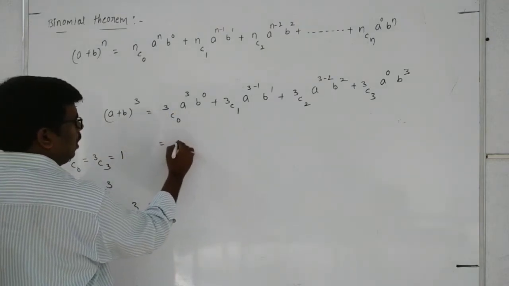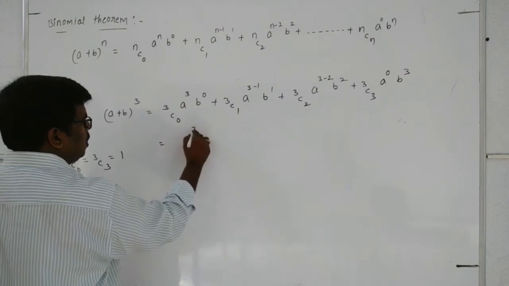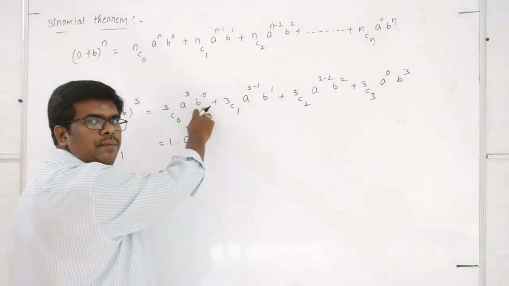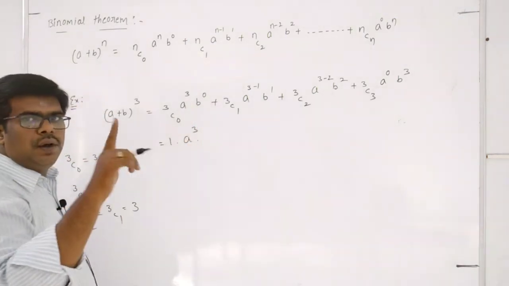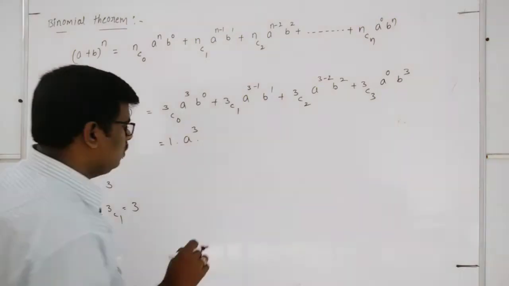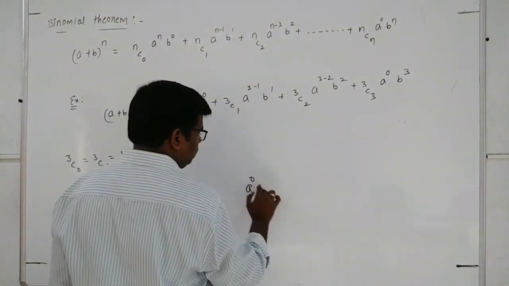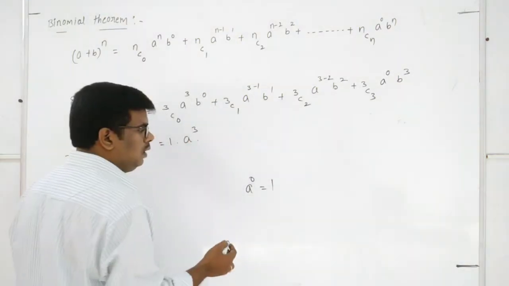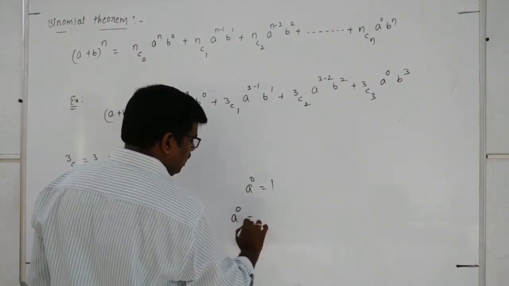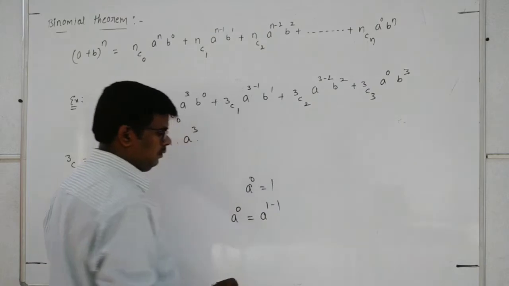3C0 means 1, a cube. So 1 into b power anything power 0 is 1 only. Anything power 0 is 1. Suppose a power 0 is 1 only. How? You can ask how a power 0 is 1. A power 0 means you can write a power (1 minus 1).